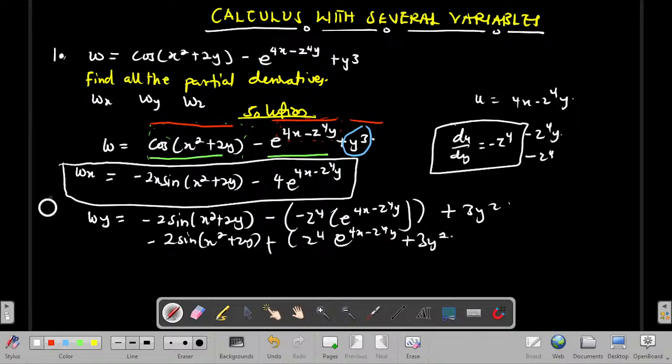And finally, we can do sub z, and w sub z is plus. So w sub z, now this term doesn't go away.